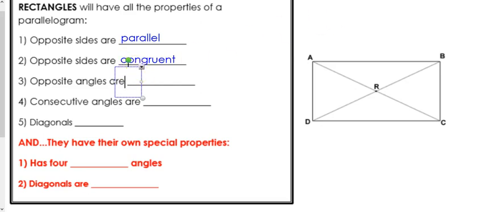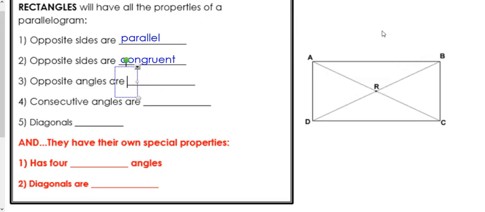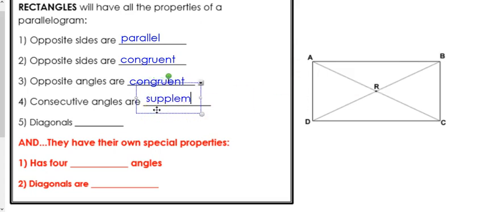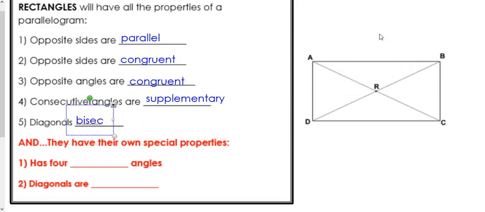Opposite angles are congruent. Consecutive angles are supplementary, and diagonals will bisect. Again, these are all properties we talked about last class that are true to the parallelogram. And a quadrilateral is a parallelogram.